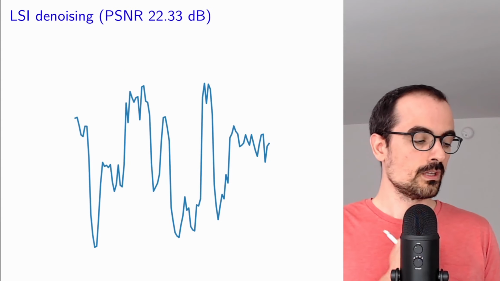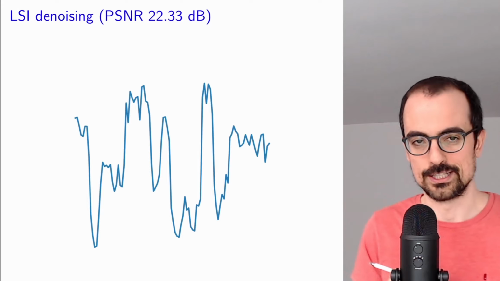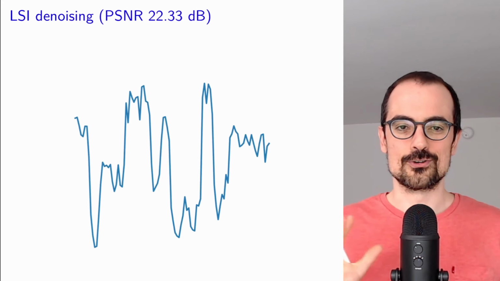So let's take a look at a few examples of the kind of performance that can be obtained on our signals of interest using these pre-deep learning methods. So here for the noisy data, this is what the linear shift invariant denoising algorithm did.